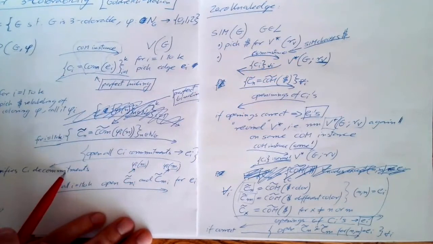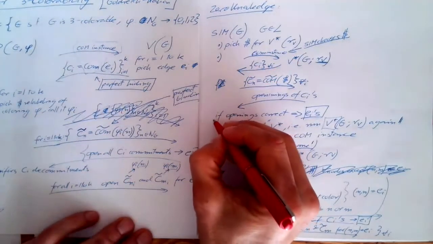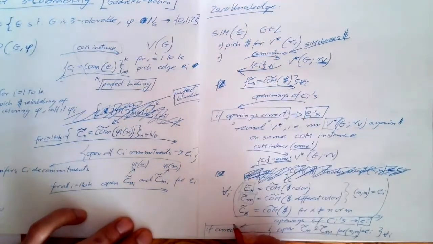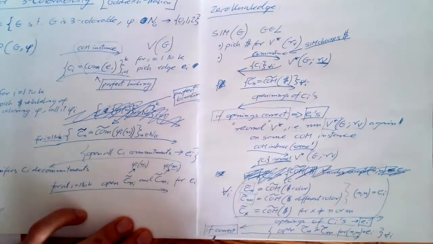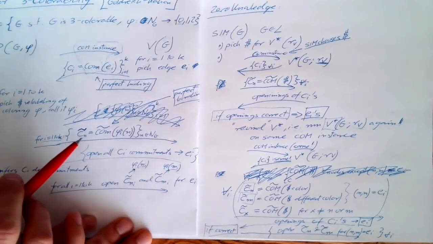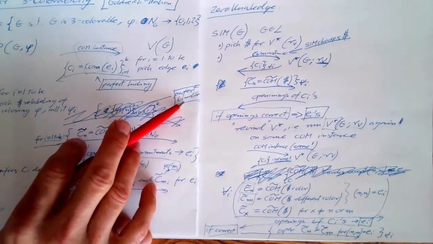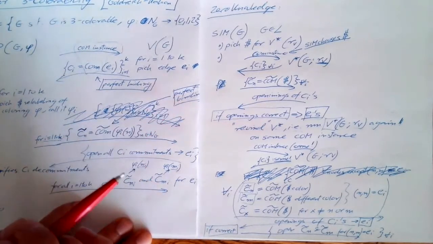In other words, if opening correct, these are always true for that case of V star. Then what commitment did we use here? The perfect binding one.